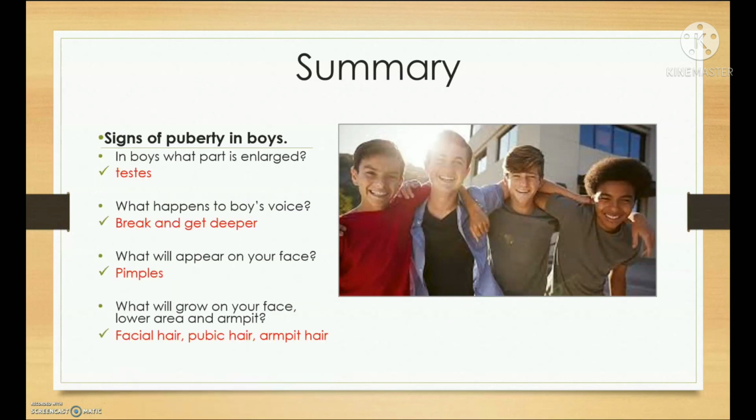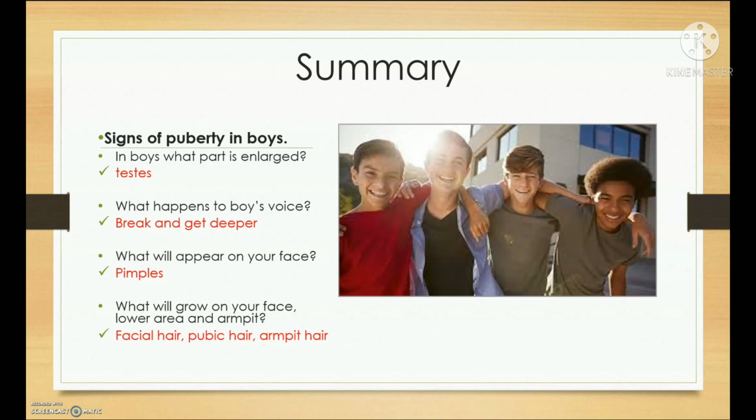Okay, now let's talk about the summary of the topic that we've discussed for today. We've discussed the signs of puberty in boys. So let's see what we've learned. In boys, what part is enlarged?